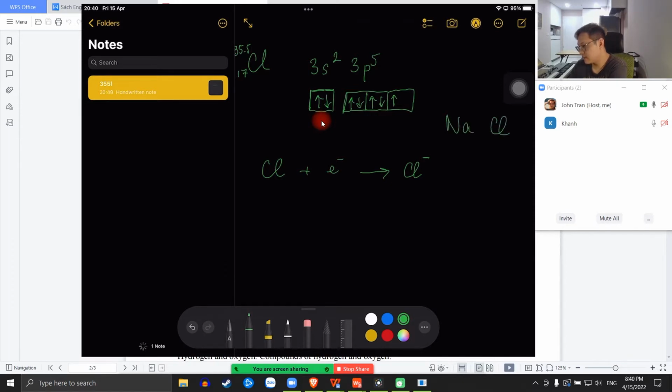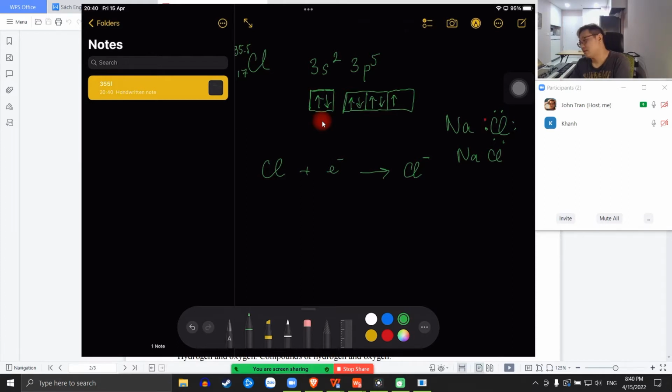Chlorine has 7 electrons around it, and the sodium can only give its one electron. So you have NaCl like this, and the chlorine forms only one bond, isn't it?